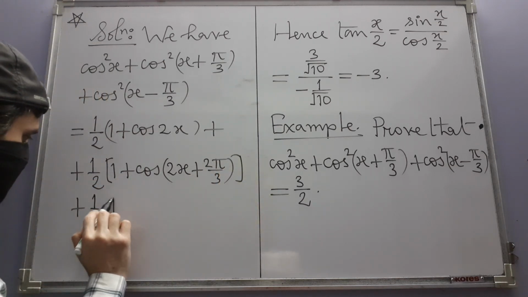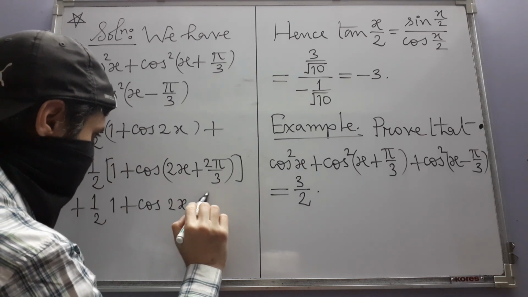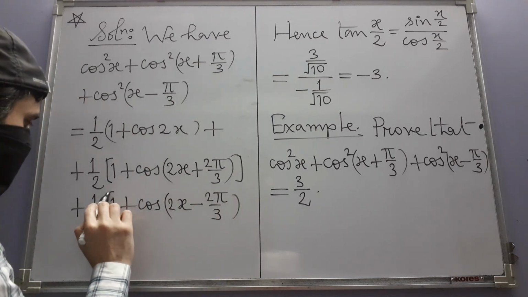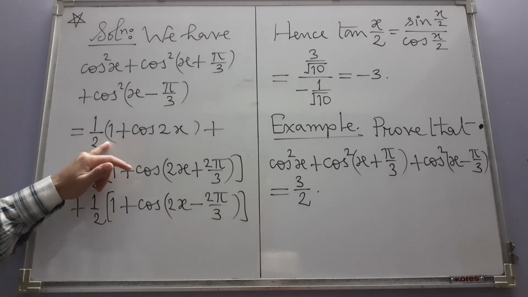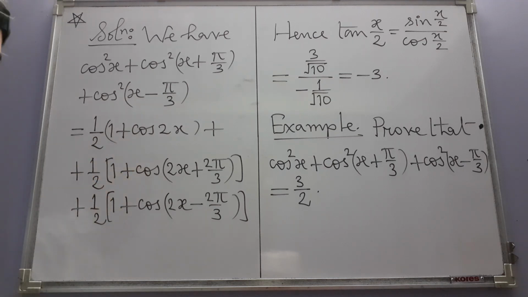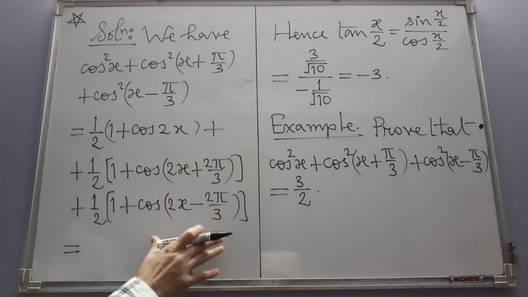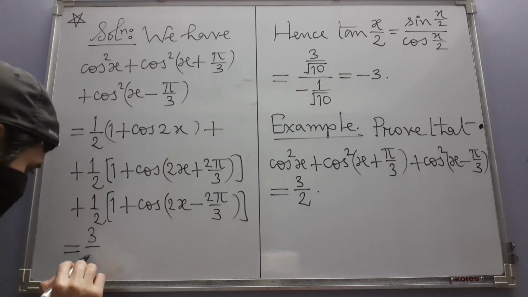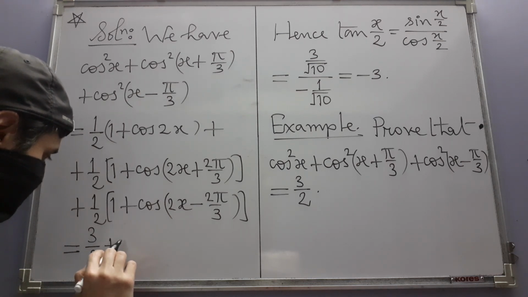Similarly, the third one, 2x minus 2 pi divided by 3. So you can see that you are actually getting 3 divided by 2, 3 1 over 2's. That means you can guess that whatever else is there, they are going to vanish together. And they do vanish. But we have to say why.